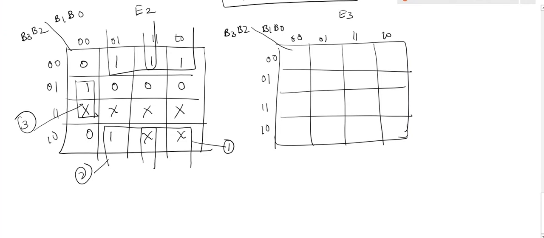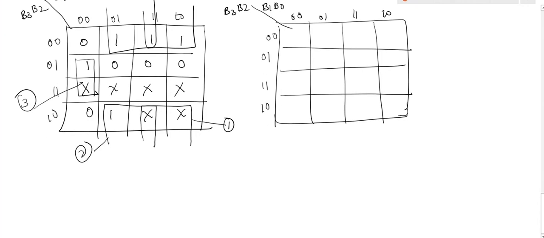Now group number 1, what is it representing? Horizontally the common variable is B2 bar. Vertically the common variable is B1. Plus group number 2. This is again B2 bar and vertically it is representing B0. Plus the pair, group number 3, is representing the common variable B2 and vertically B1 bar and B0 bar.